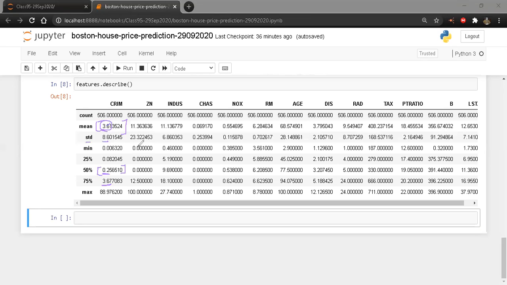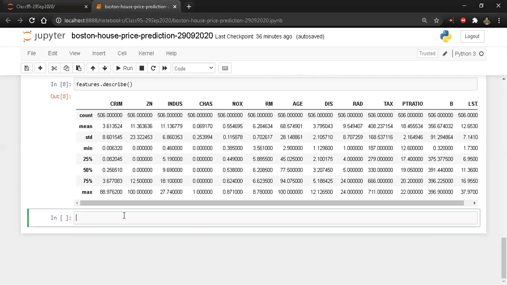Will this be left skewed or right skewed? Any idea? I think it will be right skewed. Okay, let's validate that.